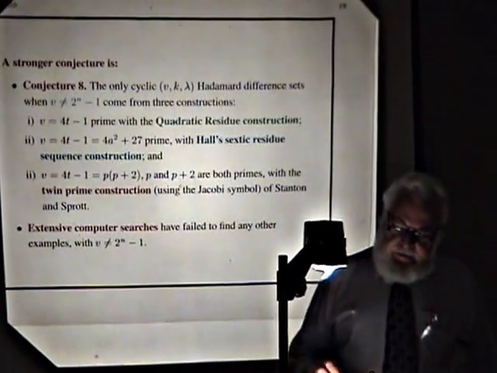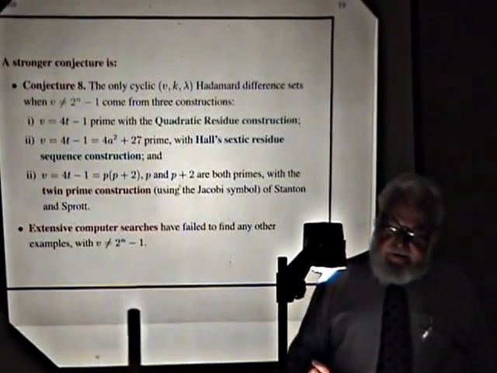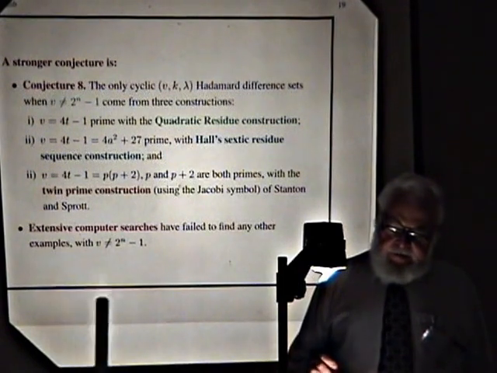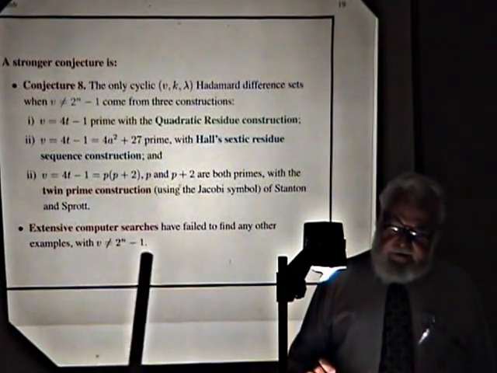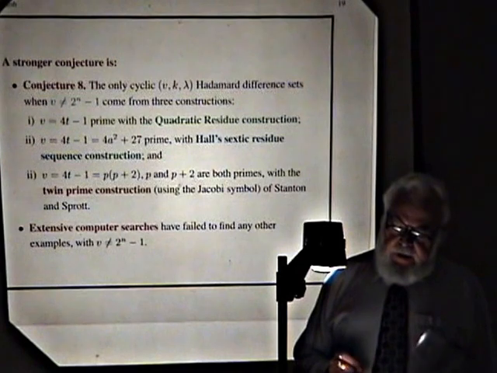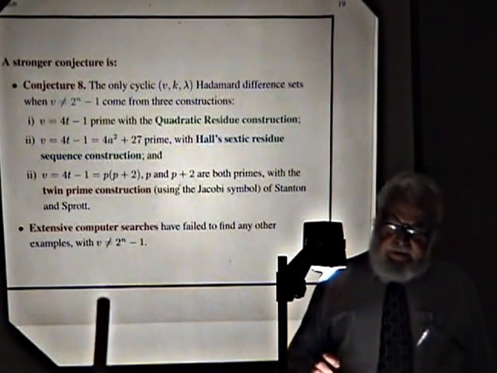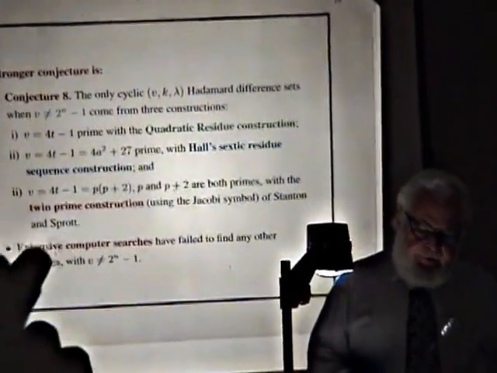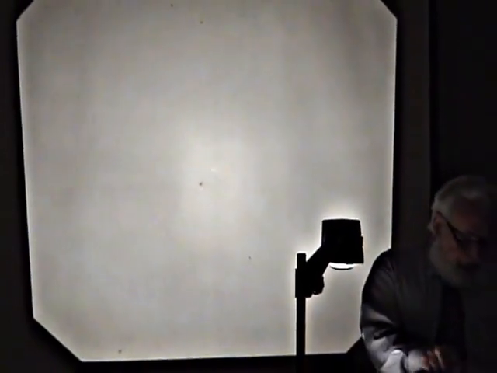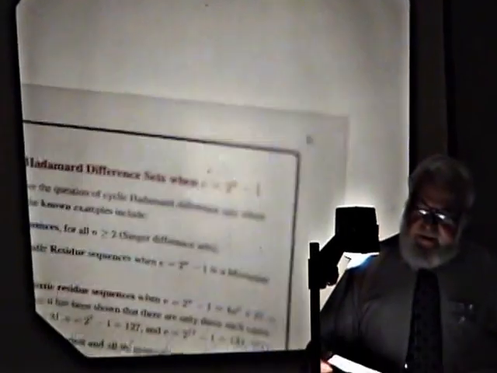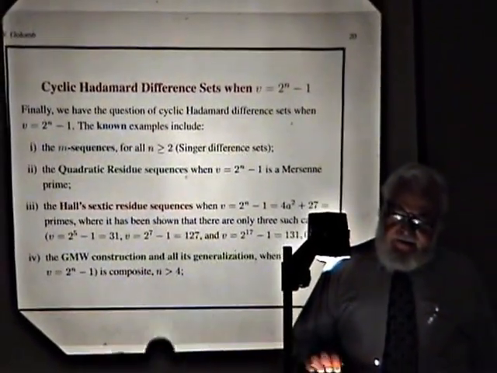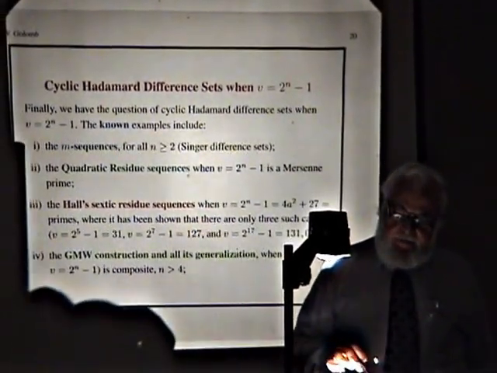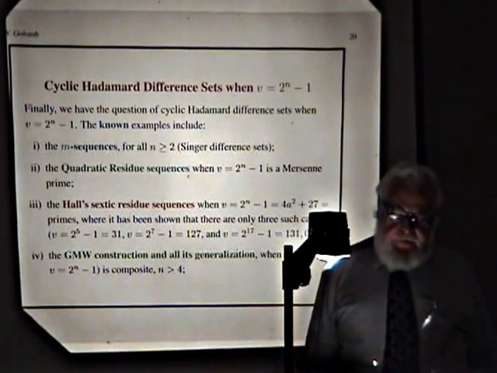And very extensive computer searches have failed to find any other examples when the period is not 1 less than a power of 2. I think almost all cases have been searched at least up to v equals 10,000. So then we get the more interesting case when the period v is 1 less than a power of 2.